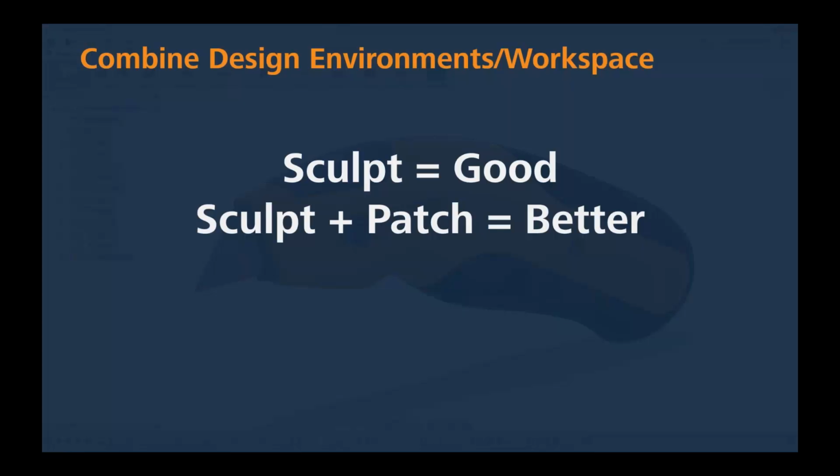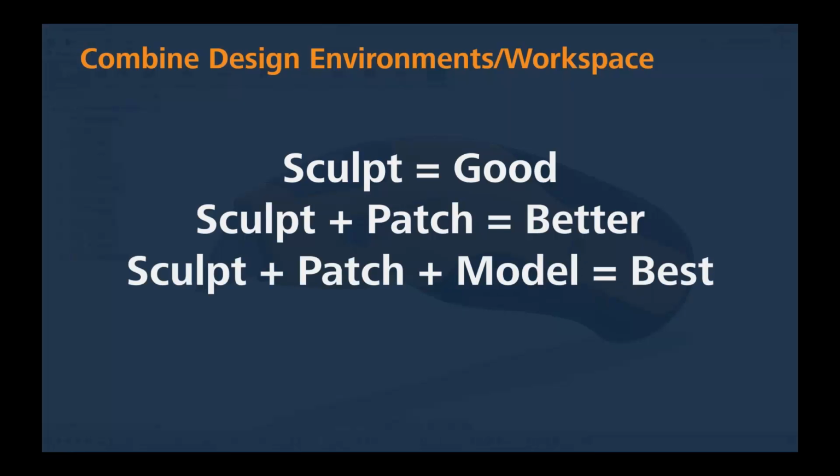That provides better functionality to create the geometry that we want. But then when we bring in model as well, so we can sculpt, surface, and model, this is really the best environment for creating all of these organic free-form surfaces.